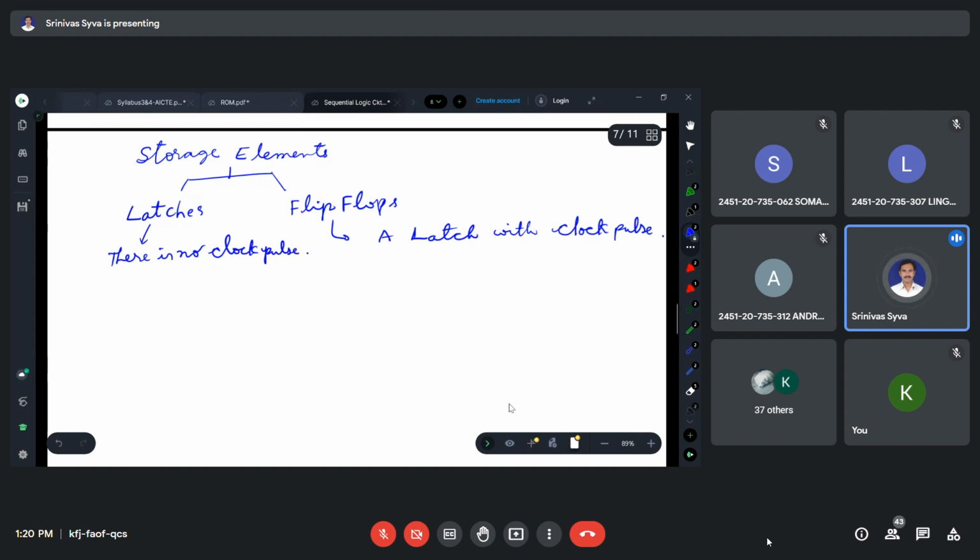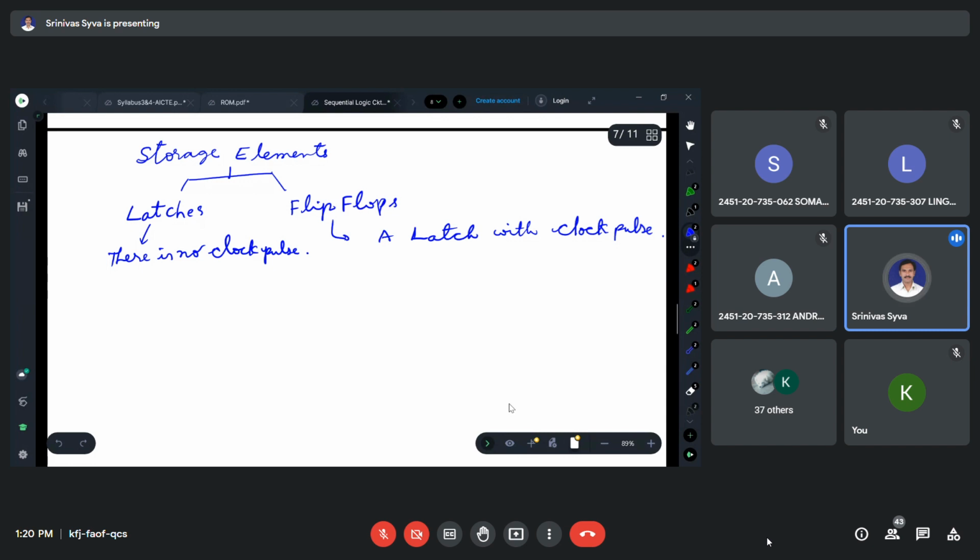Actually, both are memory elements, both are storage elements, but practically the flip-flop is the useful element. A latch is practically not a useful thing, whereas a flip-flop is practically useful. But the flip-flop is constructed with the help of a latch. That's why we will study the latch first.